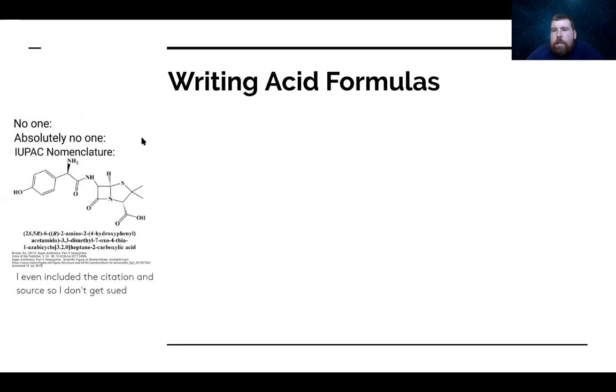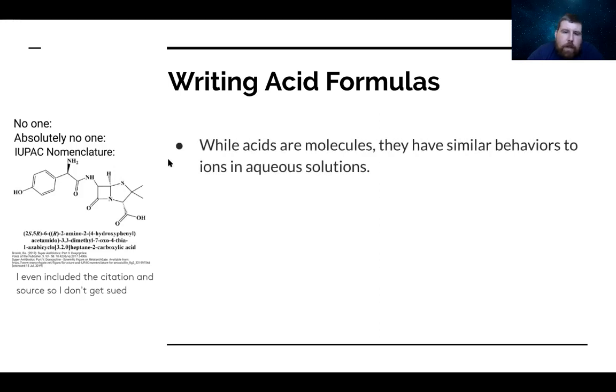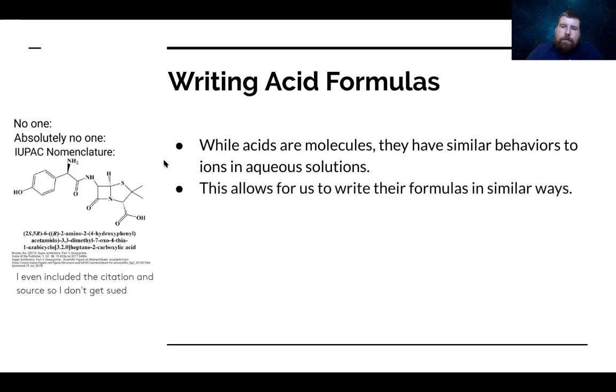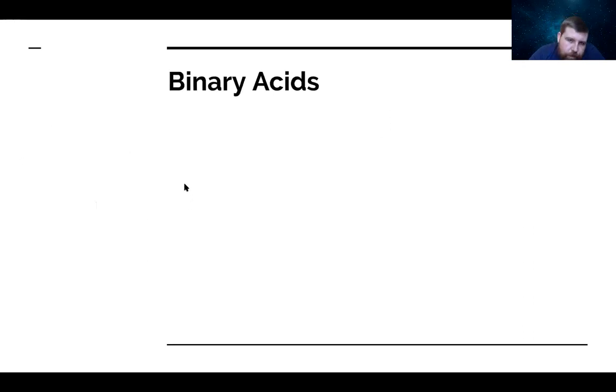We'll discuss this more in detail later. But the reason that they have their own class of naming is because of how they behave when they dissolve into water. So their formulas can be determined based on charge, even though the elements are not charged within them.